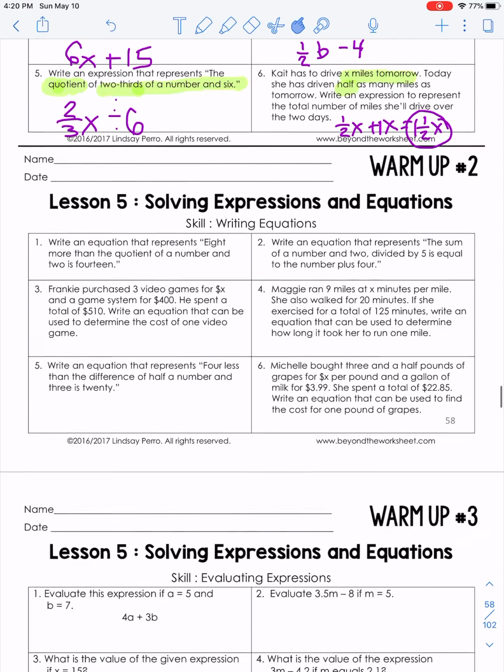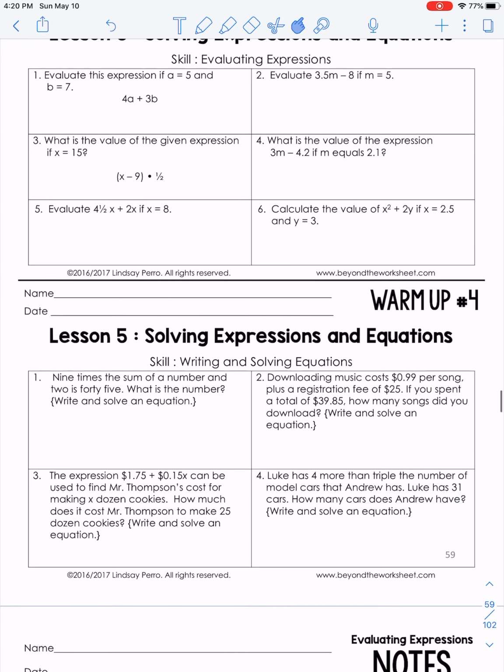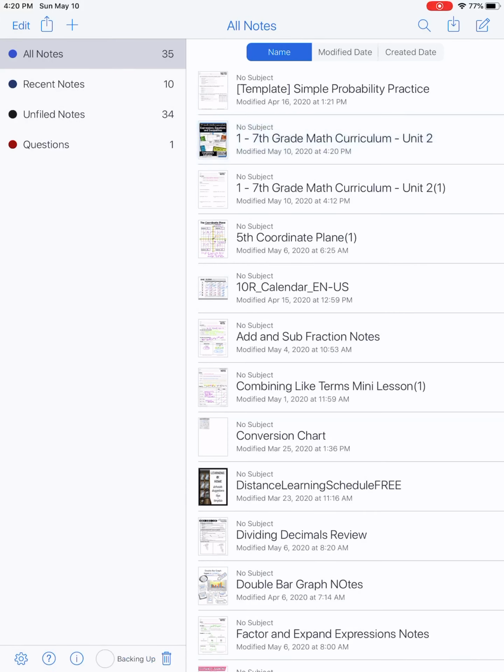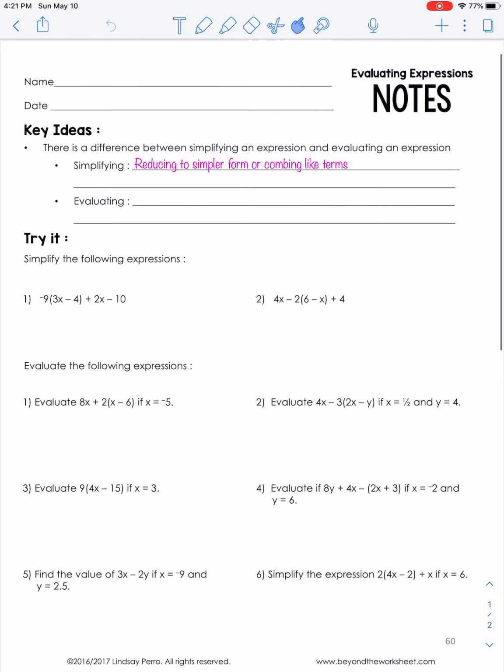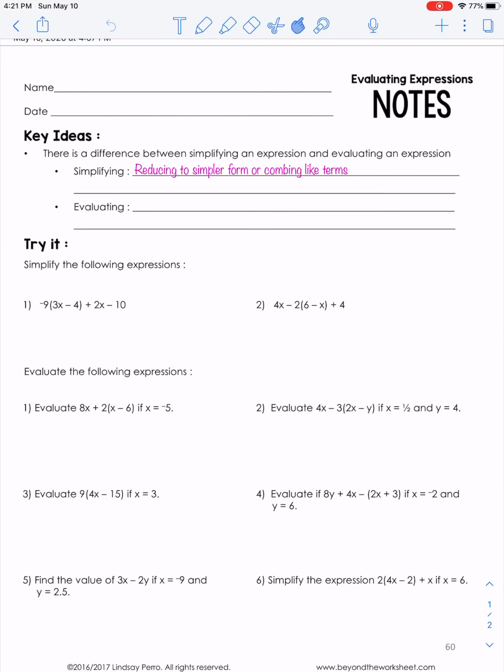Today we're going to take those number sentences and we are going to evaluate them. So first, there's a difference between simplifying an expression and evaluating an expression. So we've already worked with simplifying expressions.